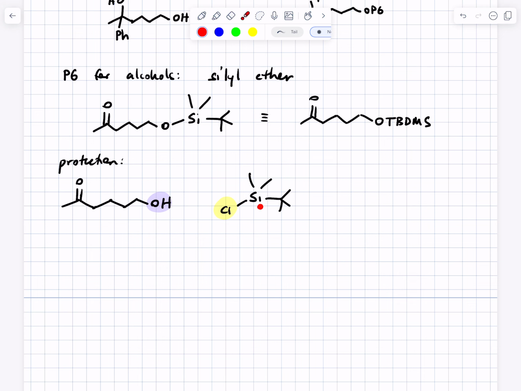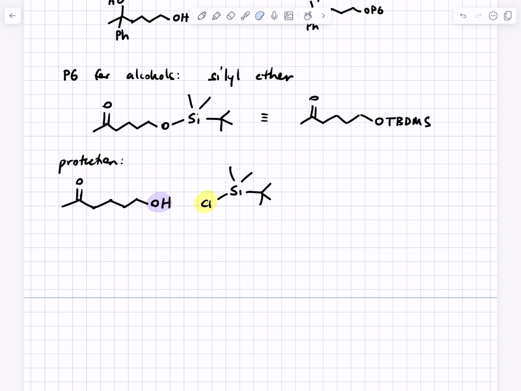In this case, it's a tertiary silicon, and you might predict something about whether the mechanism should be SN1 or SN2. Silicon's bigger than carbon, and so it's not as constrained by steric issues as carbon is. We will not worry about the mechanism of this substitution reaction at all, other than to draw what the product is.